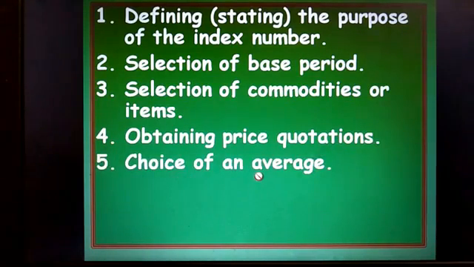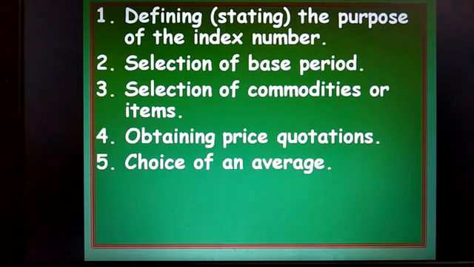And after that, choice of an average, whether we will be applying arithmetic mean or geometric mean, because many index numbers we have studied already. Various index numbers will have their own nature. Sometimes an average will be used based on arithmetic mean, sometimes based on geometric mean.